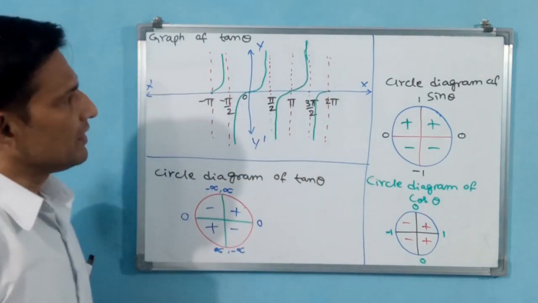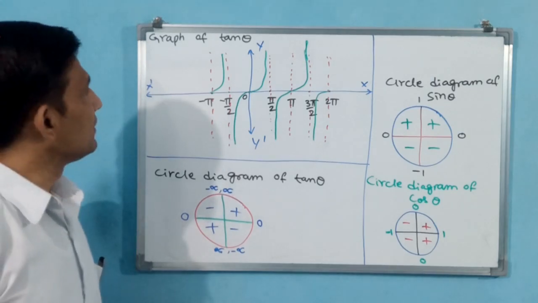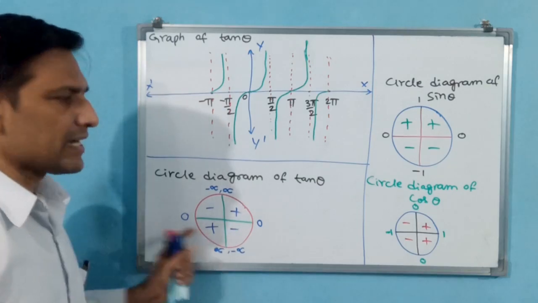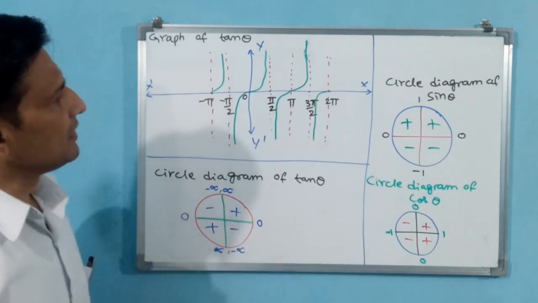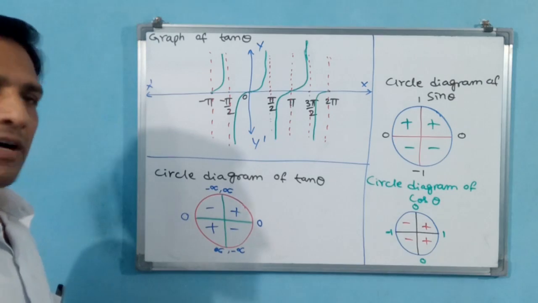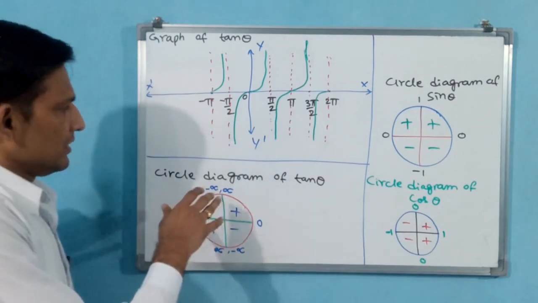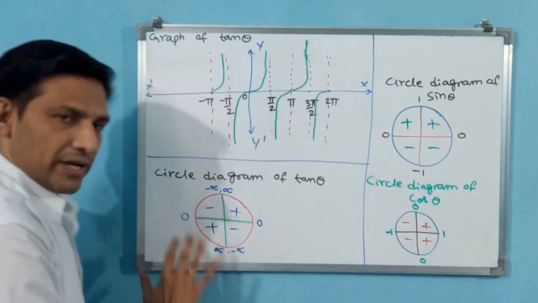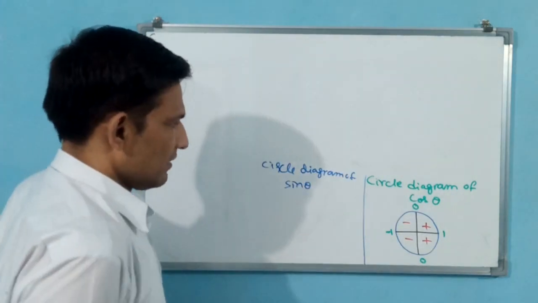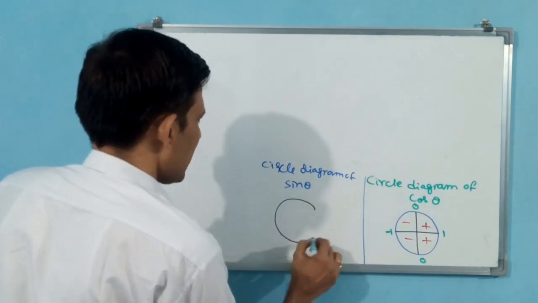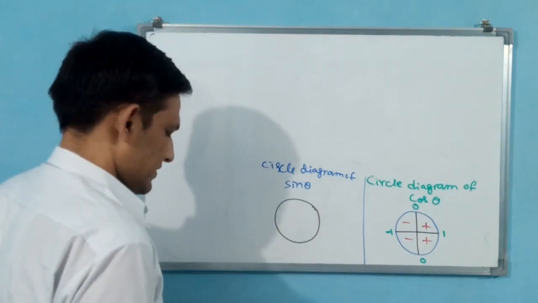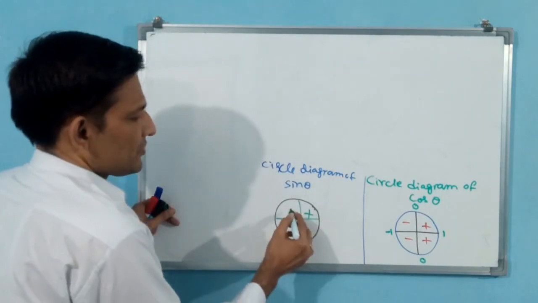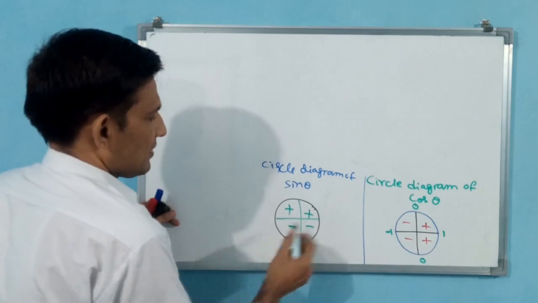Now, let us go for the circle diagram of cot theta. First, let us draw the circle diagram of cot theta, then we will go for the graph of cot theta afterwards. Okay, now I am going to rub this. You see, all silver tea cups.